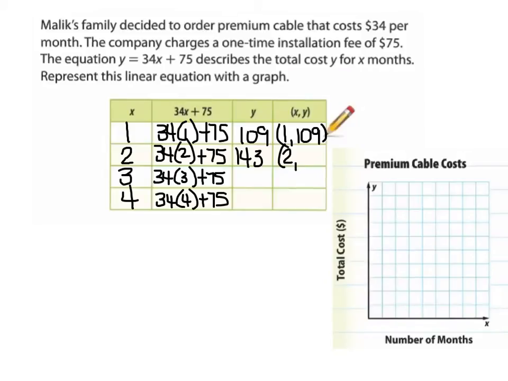So my ordered pair is 2, 143. Third, I have 34 times 3 plus 75, and that gives me a value of 177. Four months, 34 times 4 plus 75 gives me a value of 211. So I have 4 months at $211 that it has cost us.